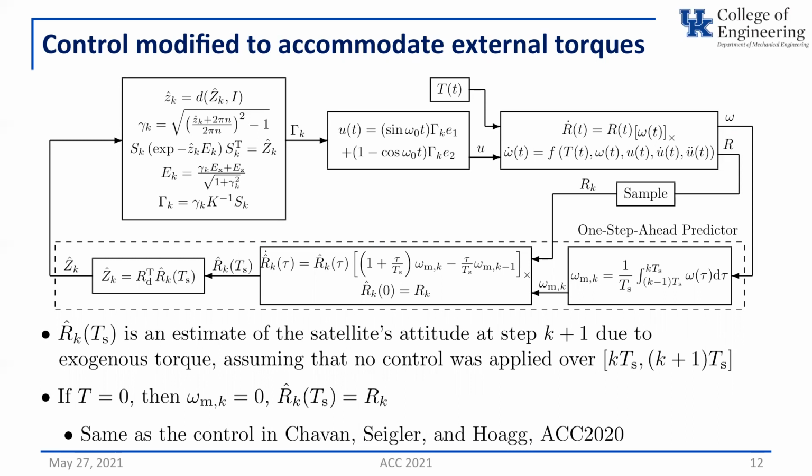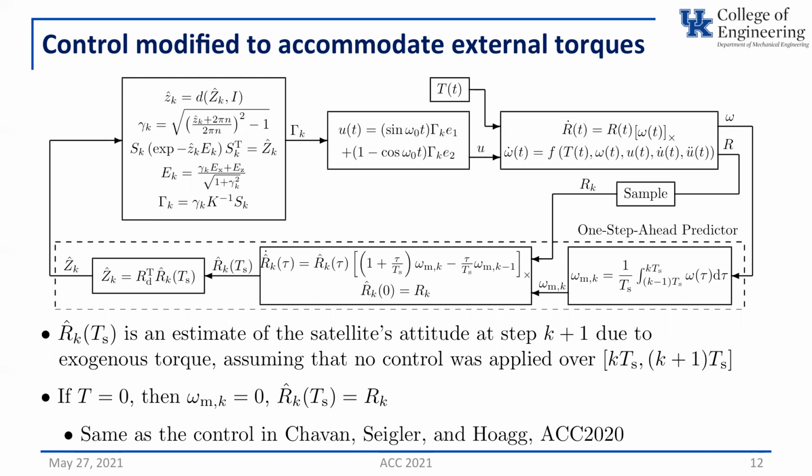Then we use the attitude feedback at the current time step R_k along with this computed omega_mk to compute R hat (k T_s), which is an estimate of the satellite's attitude at the next time step due to the external torque, assuming that no control was applied over the interval kT_s to (k+1)T_s. We call this the one-step ahead prediction.